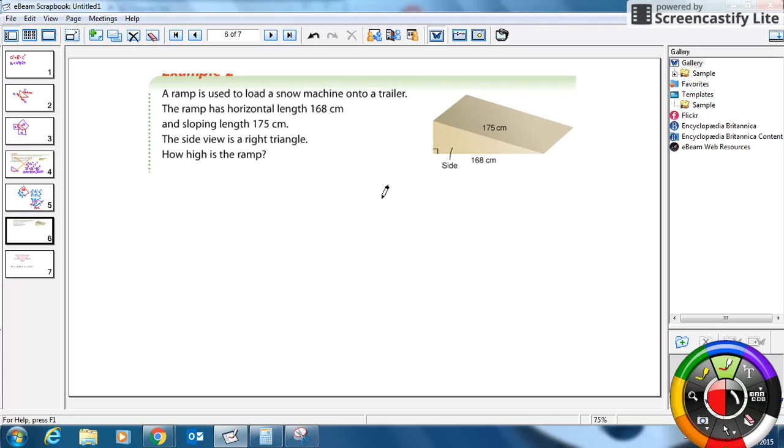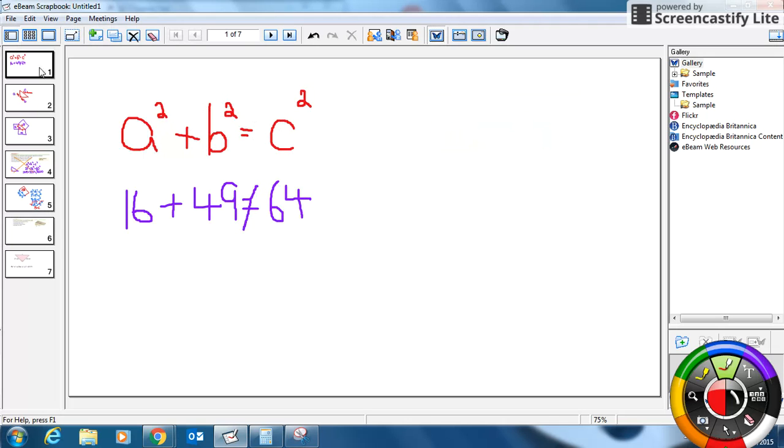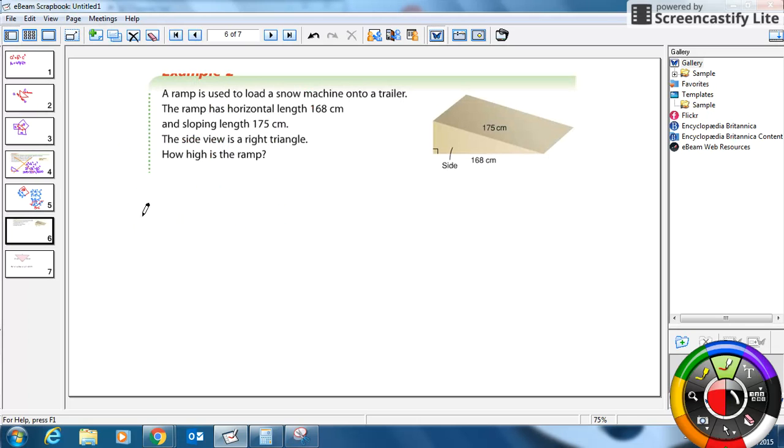Okay, so we can take Pythagorean's theorem and apply it to this question, and we should be able to figure out this length. So Pythagorean's theorem, we know, is a squared plus b squared equals c squared. So let's go back here, write it down. Always write down your formula, folks.